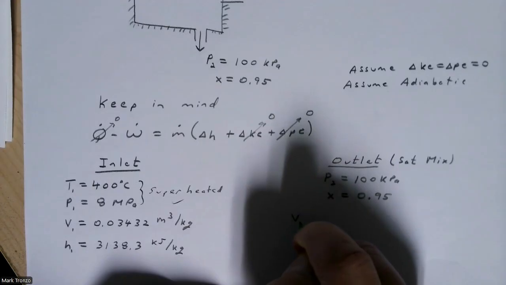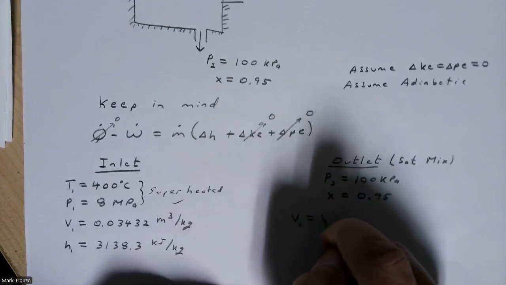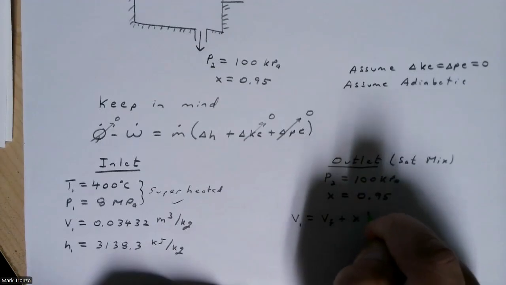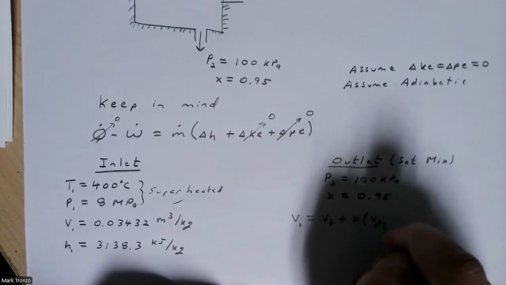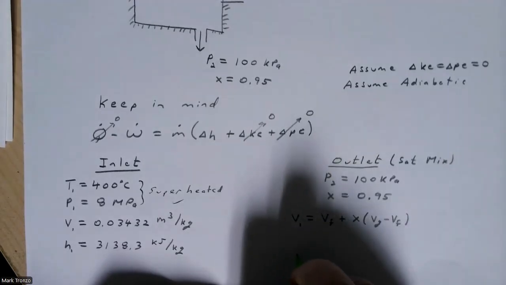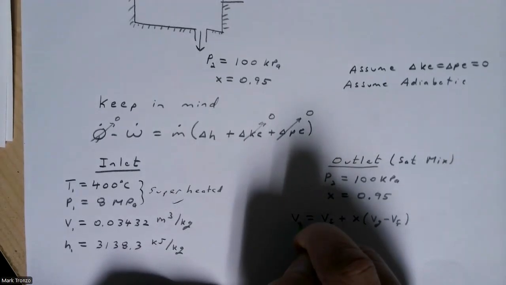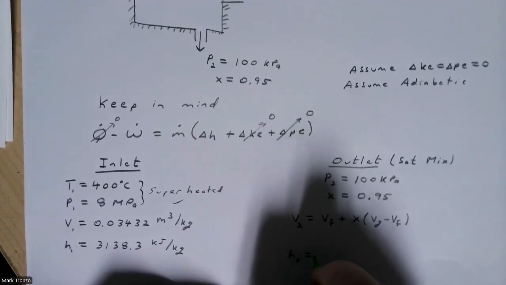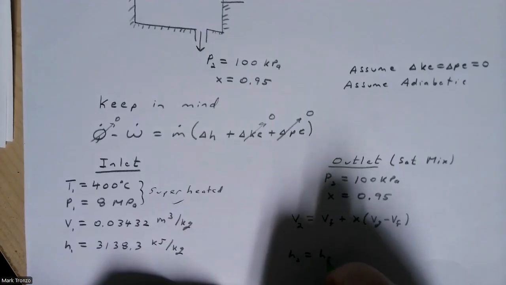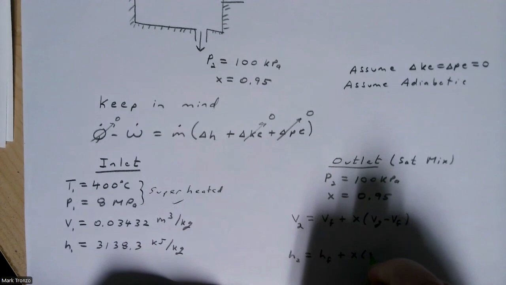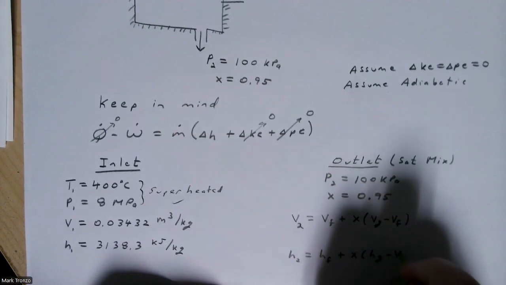It's going to be V2 equals VF plus X times VG minus VF, and H2 is going to be HF plus X times HG minus HF.